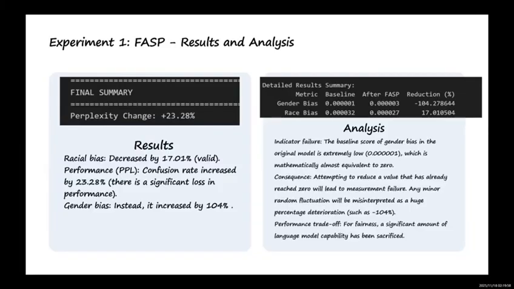The baseline score for gender bias in the original model was extremely low, mathematically almost zero. In this case, any tiny fluctuation may make a huge percentage change. In summary, while FAST is effective for vision debiasing, it comes with a significant performance trade-off, sacrificing too much model capability for the sake of debiasing.